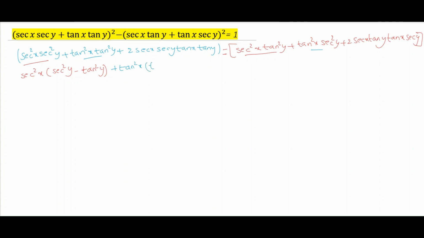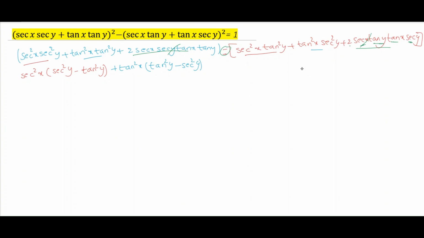So that leaves tan square y minus secant square y. Now if we observe these two, this one and the last one here is 2 secant x secant y tan x tan y. Here also we have 2 secant x secant y tan x tan y. They are same but separated with a minus sign, so they will get cancelled out.